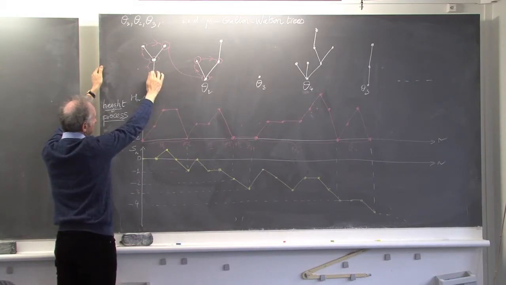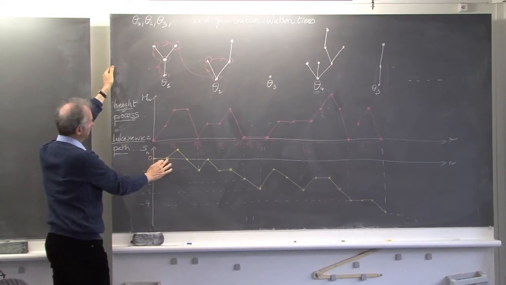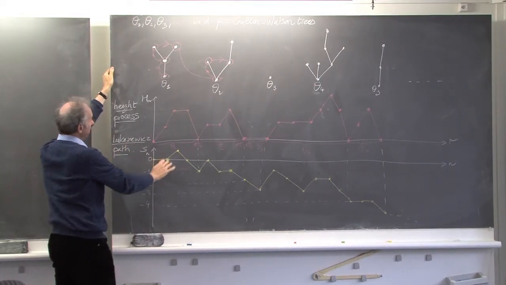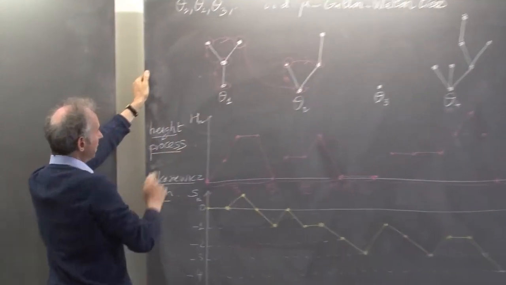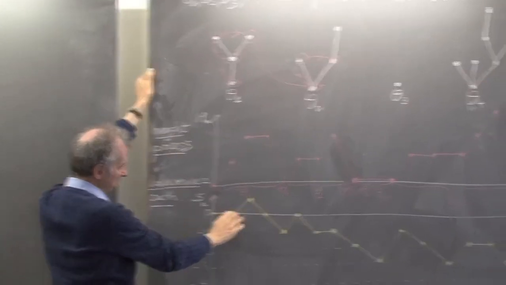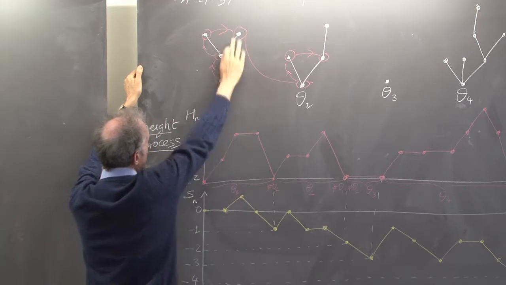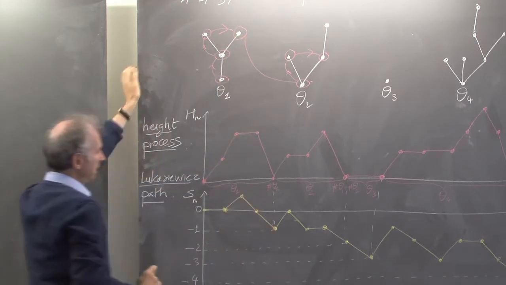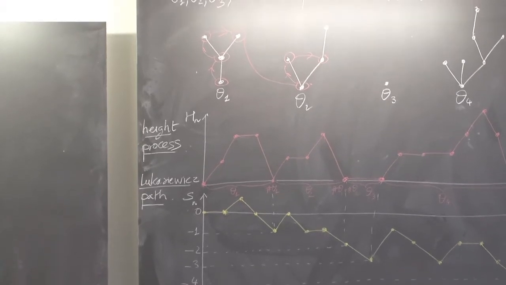In my example, it has just one child, so I add 1 minus 1, so I stay at 0. Then I visit this individual. It has 2 children, so I add 2 minus 1, so I add plus 1. Here I had no child, so I add minus 1. The same here, minus 1. And so I get this yellow curve here.